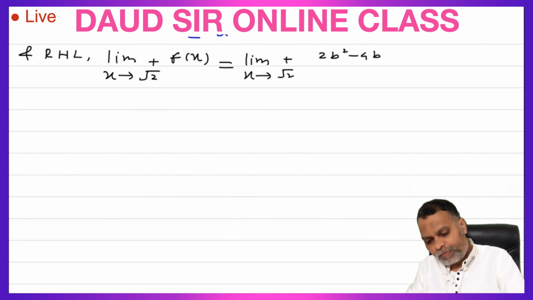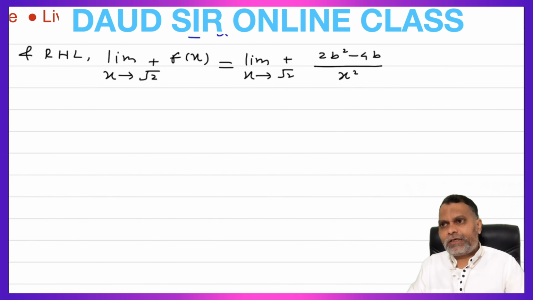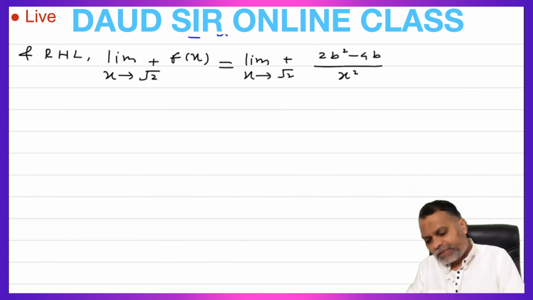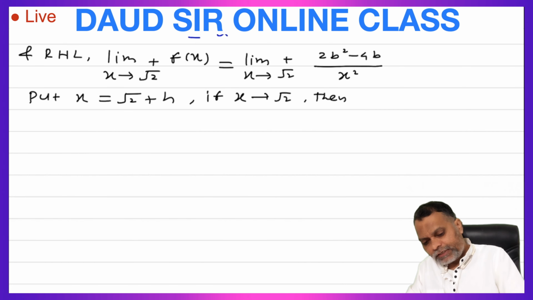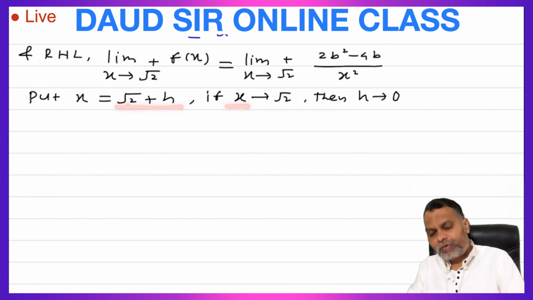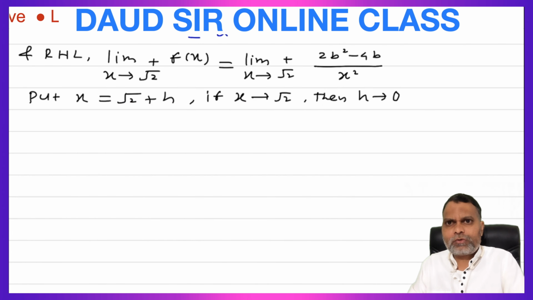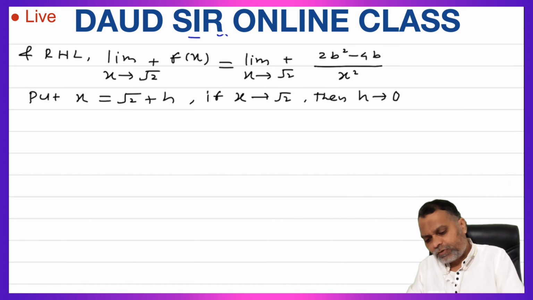For right hand limit, we have to put x is equal to a plus h. Here a is equal to root 2. So put x is equal to root 2 plus h. If x tends to root 2, then h tends to 0. How? Put this root 2 plus h here. Root 2 plus h tends to root 2. Root 2 gets cancelled. H tends to 0.